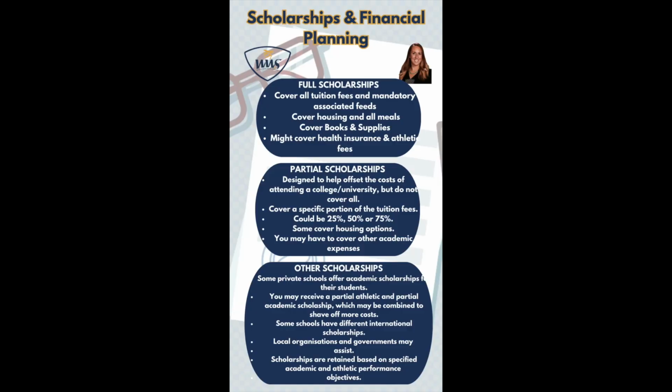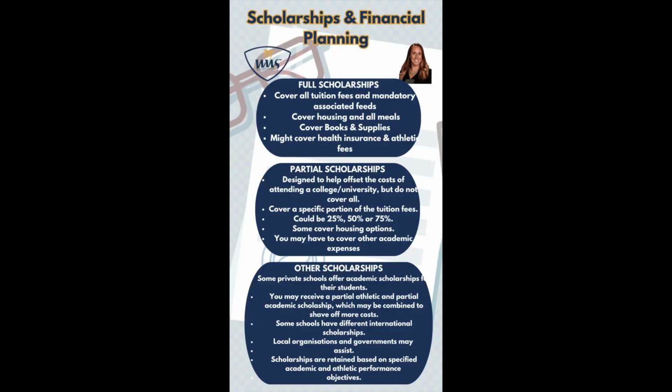So full tuition scholarships are obviously the ones that we're all aiming for, right? We want to make sure that everything is covered. However, some students do get partial scholarships, and partial athletic scholarships are designed to help offset the cost of attending a specific college or university, but they don't cover all expenses.